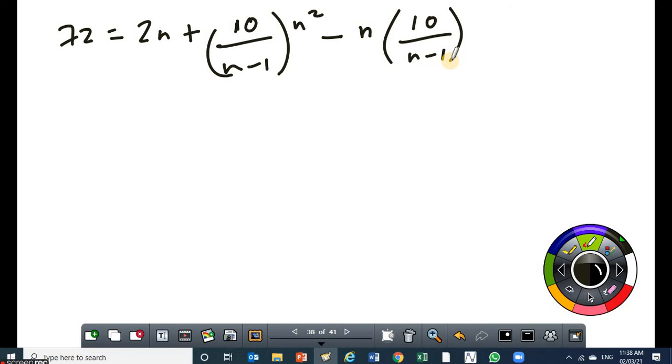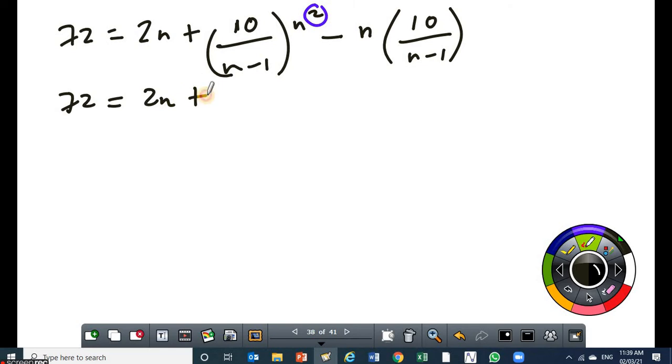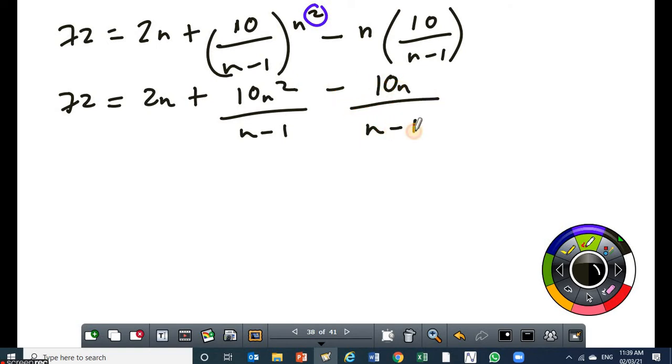Now, your knowledge of equations is extremely important. Here we are going to end up having a quadratic equation. So when I simplify this, I'll get 72 equal to 2n plus 10n squared over n minus 1 minus 10n over n minus 1.